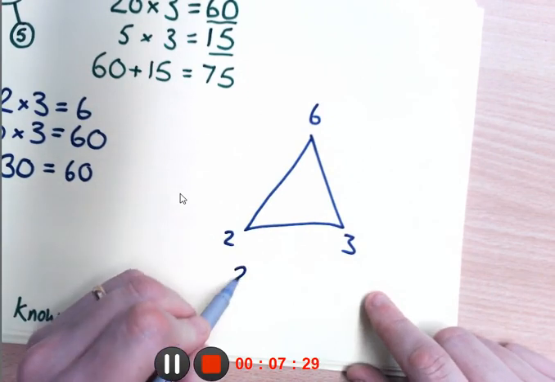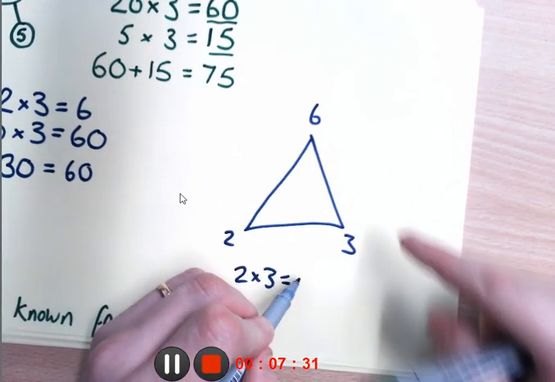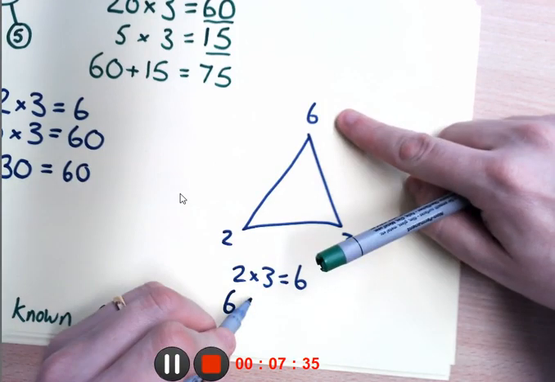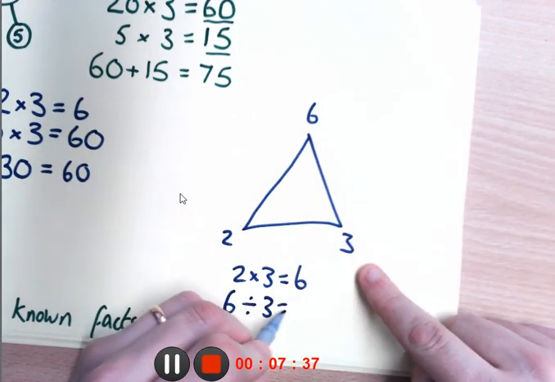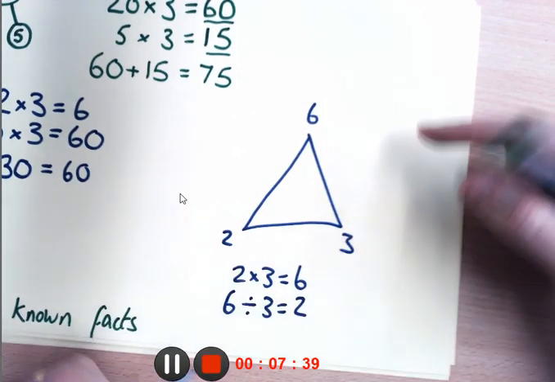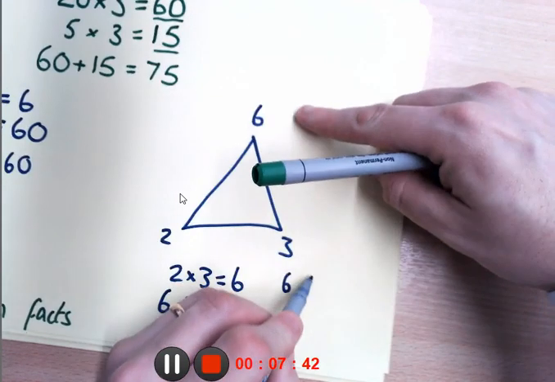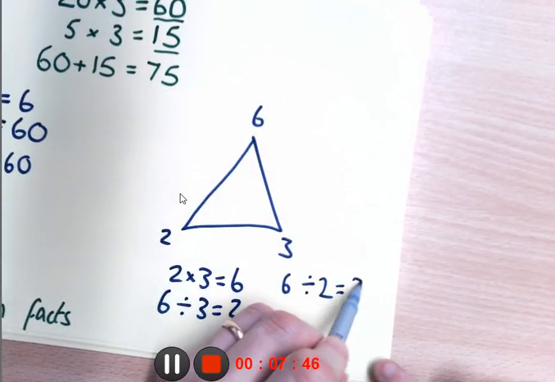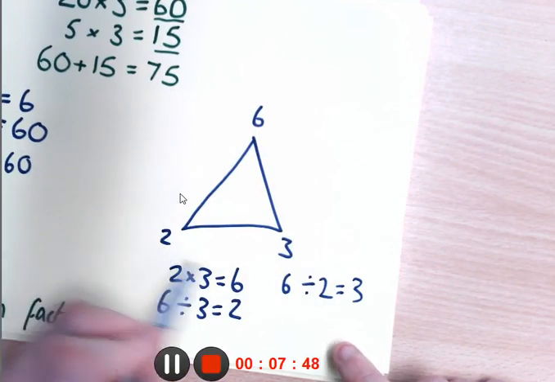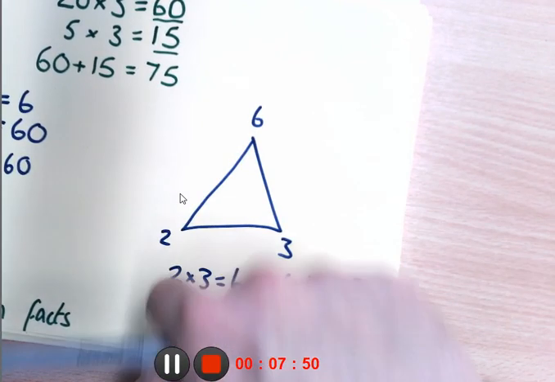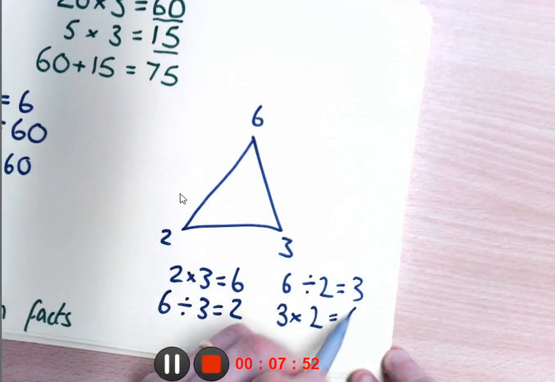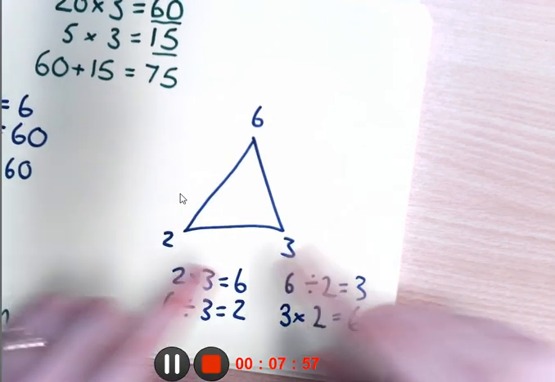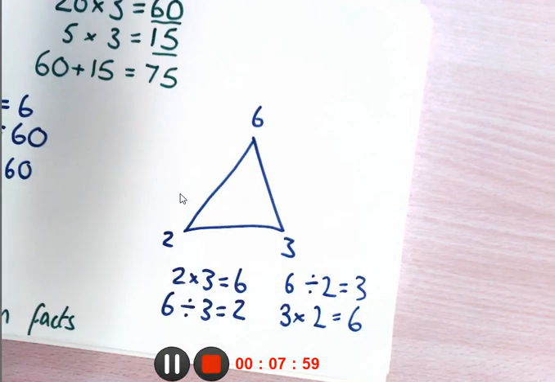We can say that 2 times 3 equals 6, and because we know that, we can say that 6 divided by 3 equals 2. Or we could say that 6 divided by 2 equals 3, and then finally 3 times 2 would equal 6 as well. So it's just that knowledge that we can use one fact to find out several other ones as a bit of an added bonus there.